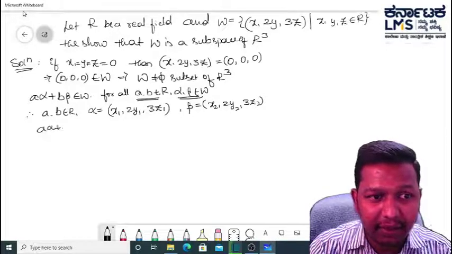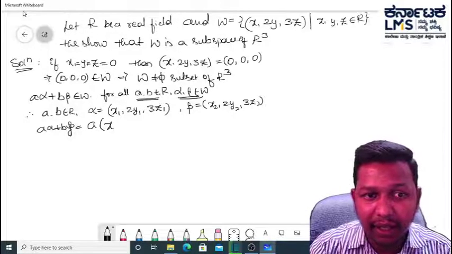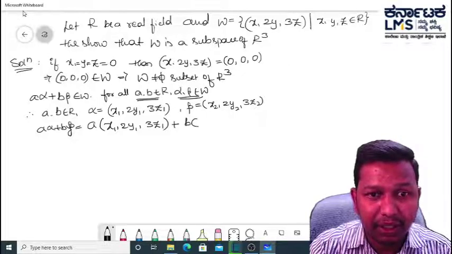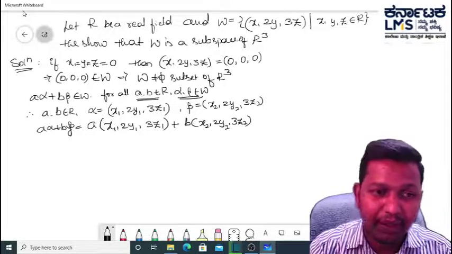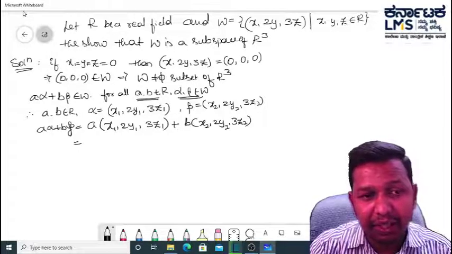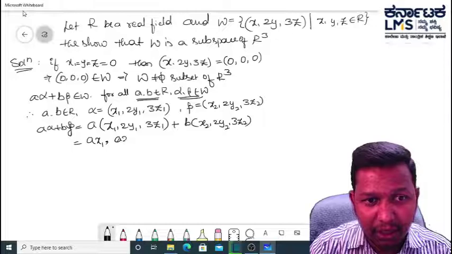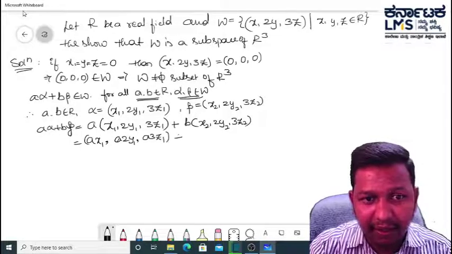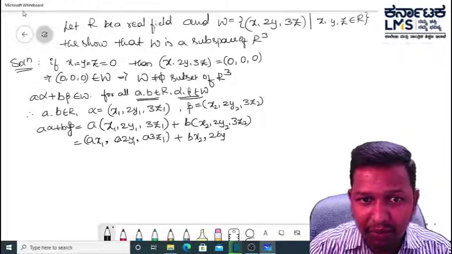Next, consider a alpha plus b beta, which equals a times the alpha value (x1, 2y1, 3z1) plus b times the beta value (x2, 2y2, 3z2), which equals, multiplying a with all coordinates of the first vector, we get (a x1, 2a y1, 3a z1), plus similarly in the second term we get (b x2, 2b y2, 3b z2).